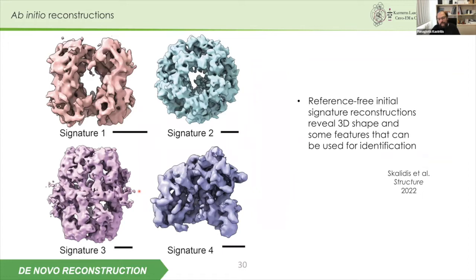So by having these class averages, we can ab initio reconstruct these shapes, and you can see that without a reference, we can recapitulate a bit their symmetry. And in the case of signature 4, the asymmetric map.